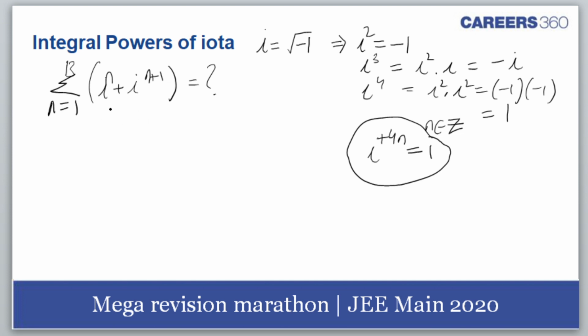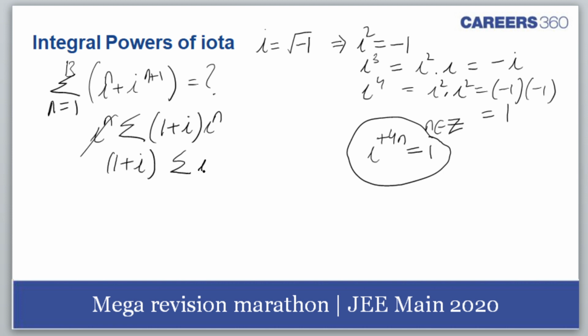When we add this up, iota raised to power n can be taken common. Sigma, I'll have 1 plus iota. Oh, sorry, iota raised to power n would be inside only. So 1 plus iota is a constant. I can take it outside, and sigma iota raised to power n, n is equal to 1 to 13.